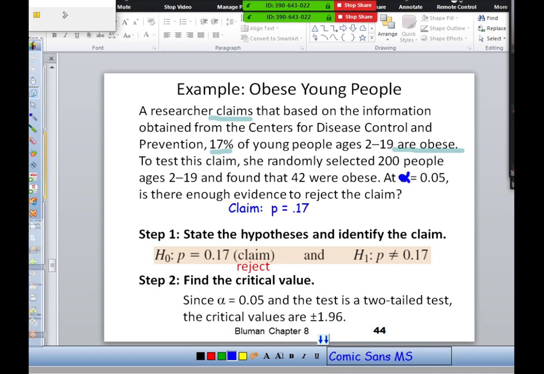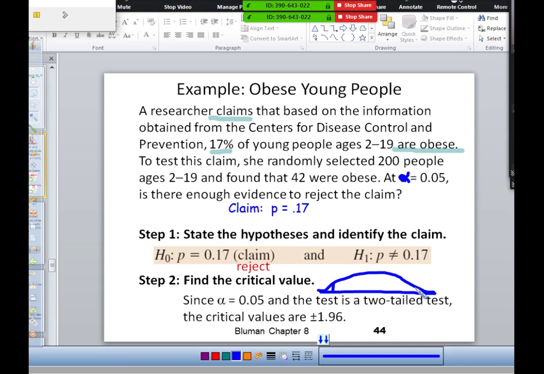And then step 2, find the critical value. Alpha's 0.05. Look it up on my table, two-tailed tests. I'm going to get 1.96, so it's going to be positive, negative 1.96. Then I'm going to draw a little picture. That's kind of a bad picture, but that's okay.